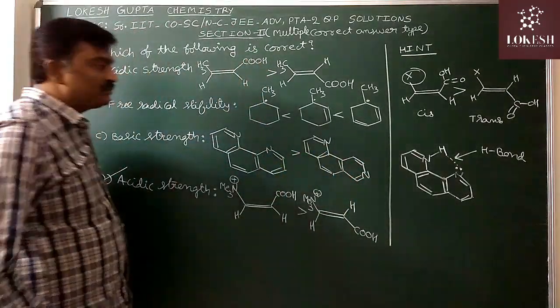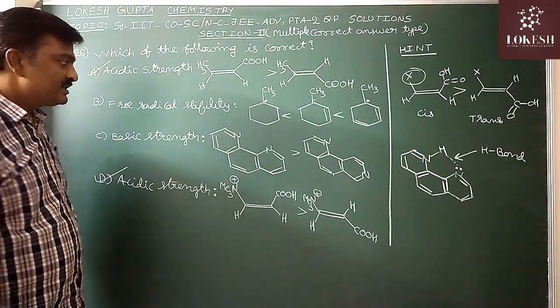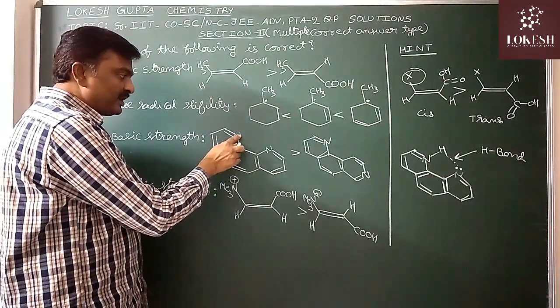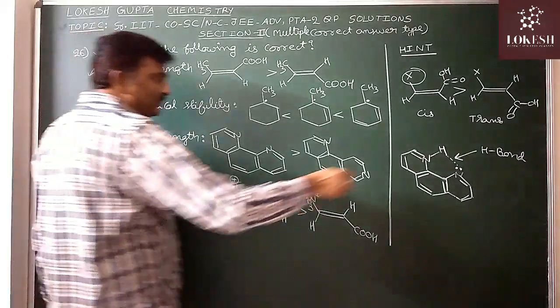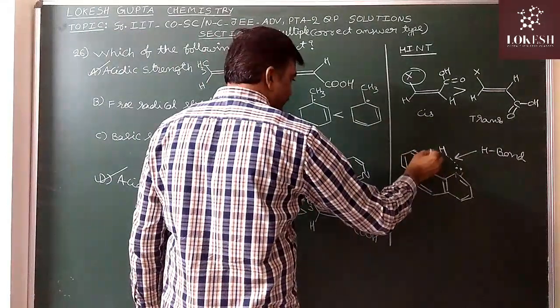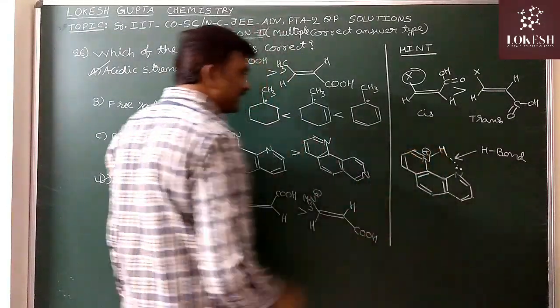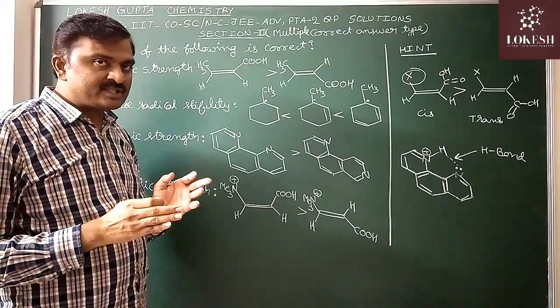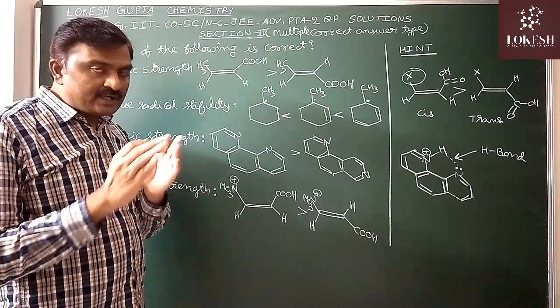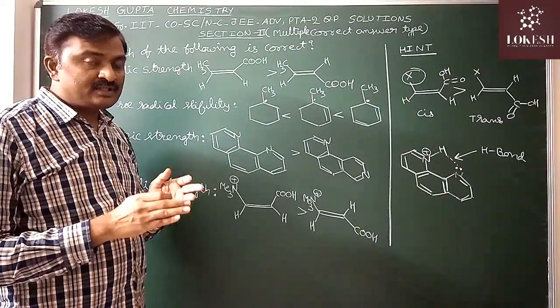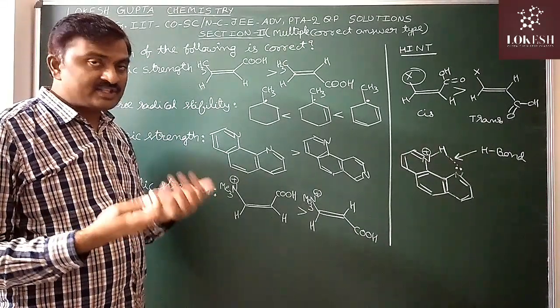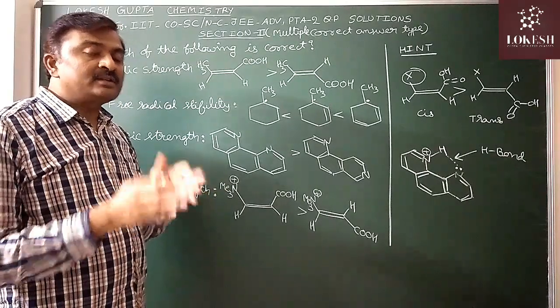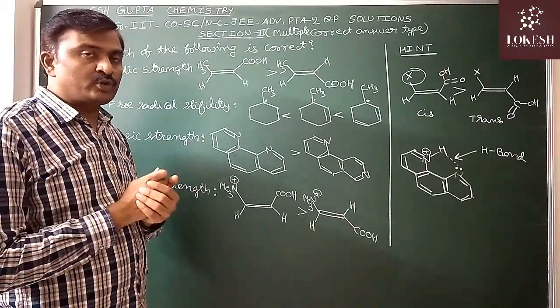See here, when any one of these two nitrogens is protonated, you will get the conjugate acid. What do we know? How to compare the basic strength? If the conjugate acid of the base is stable, then the corresponding base is more basic.